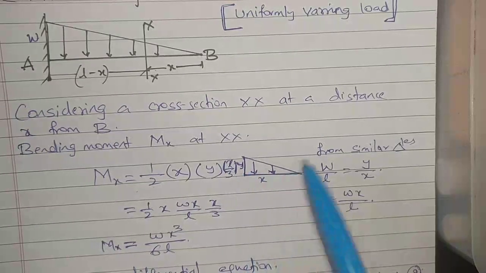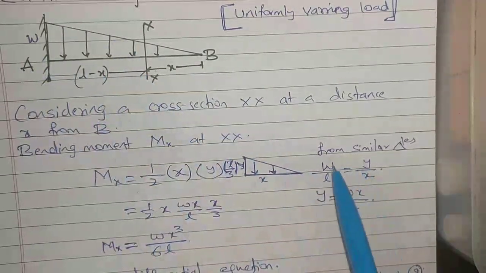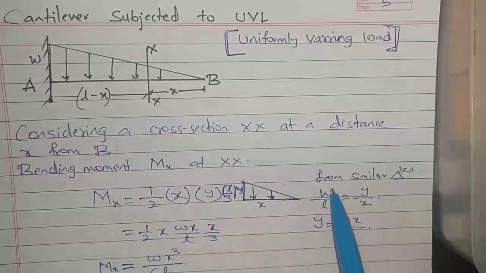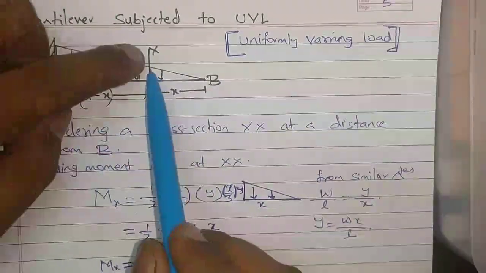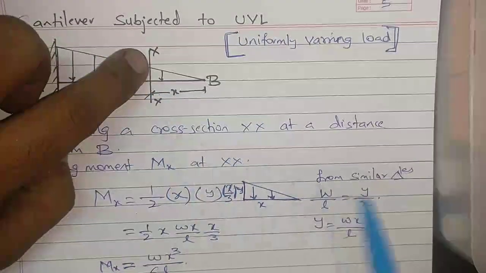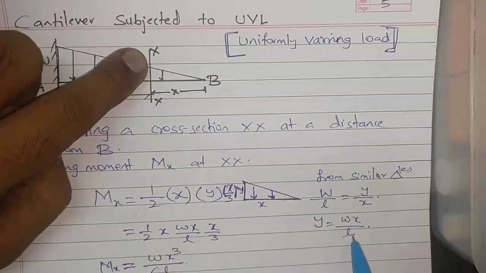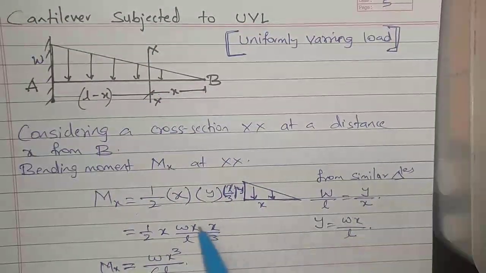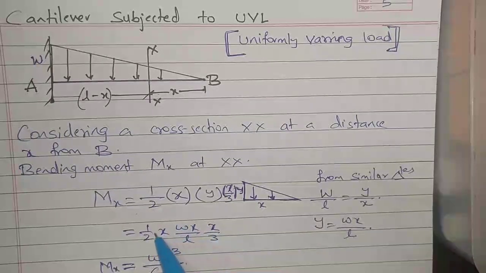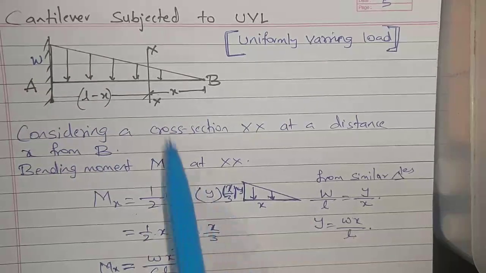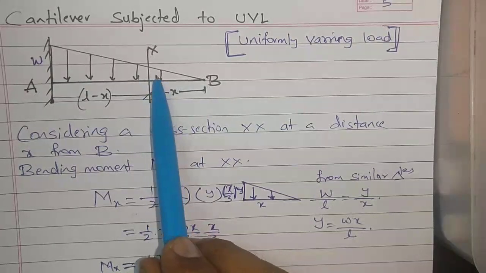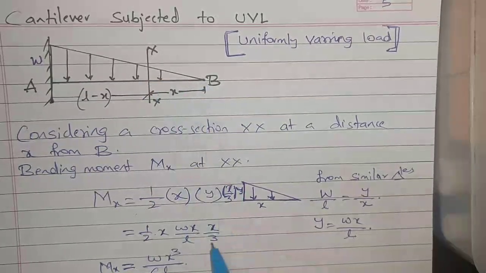This y, how to find out? Using similar triangles. See here, W by L, W by L, this is y, y by x, so y will become Wx by L. So you have to substitute Wx by L. This is your total load, and the distance from your base is 1/3 of x.